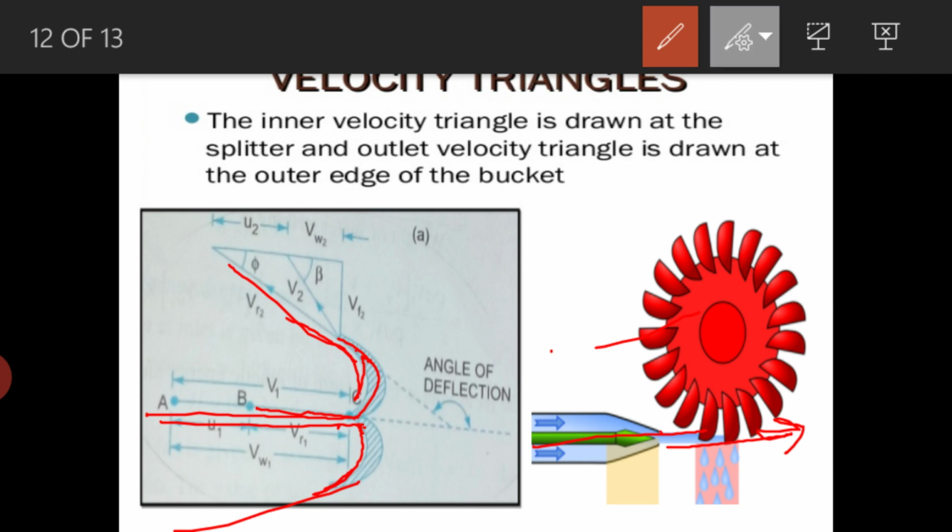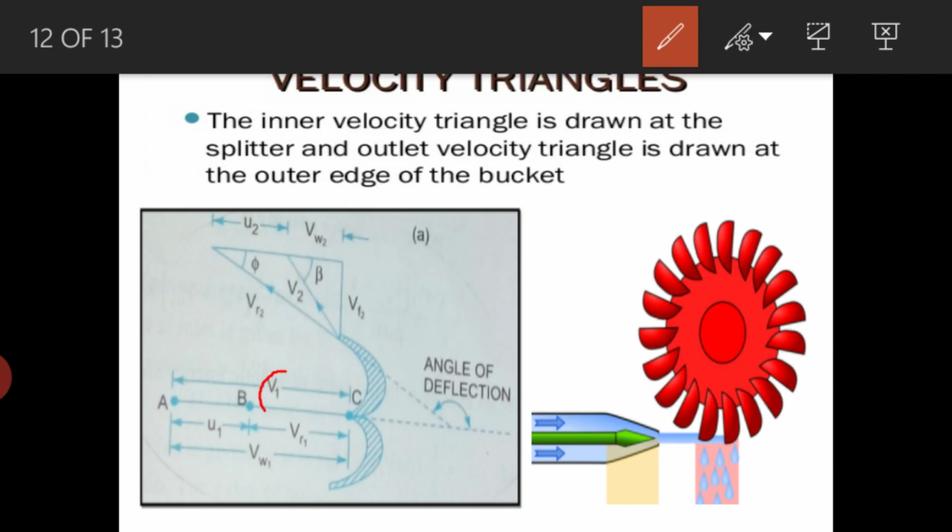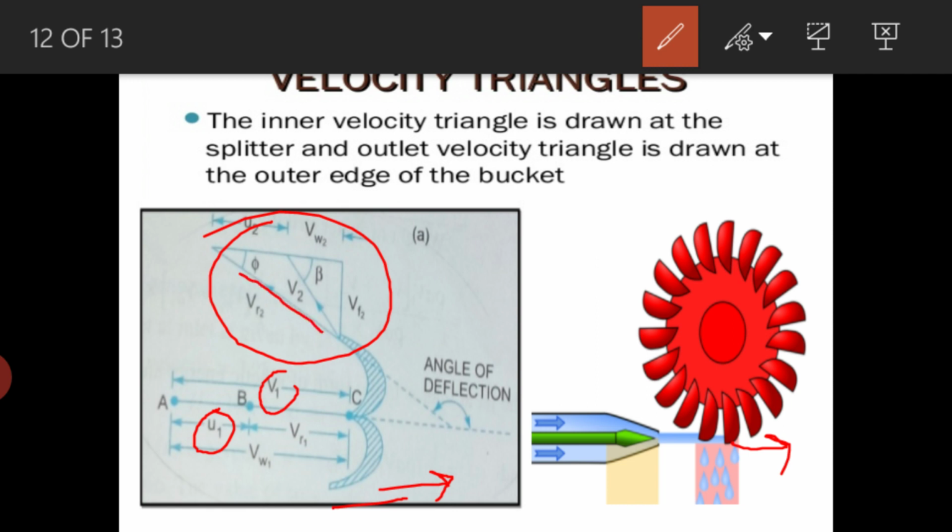Here v1 shows the absolute velocity, and u1 is the velocity of the vane, moving in the forward direction, and vr1 shows the relative velocity, and vw1 is the whirl velocity, and the flow velocity at the inlet will be 0 for the Pelton wheel. Now look at the outlet velocity triangle: it will have vr2, v2, and vf2, all components of velocity.